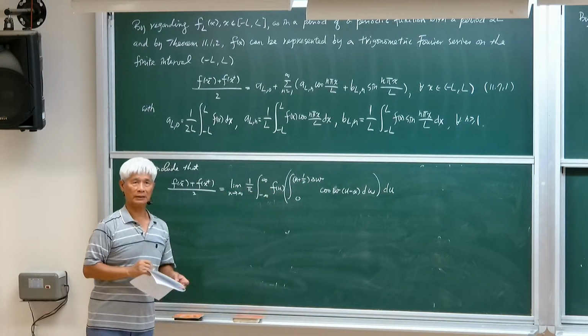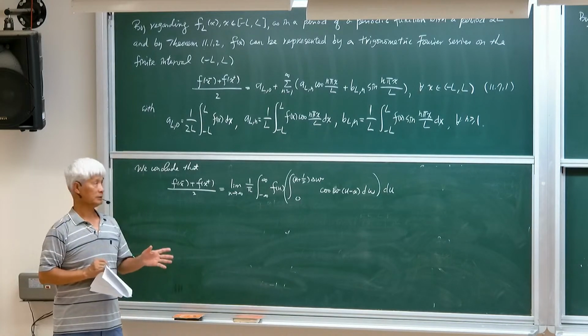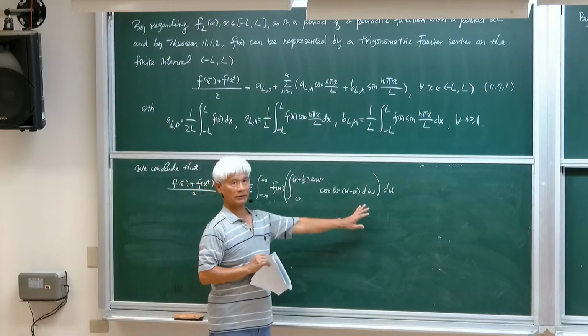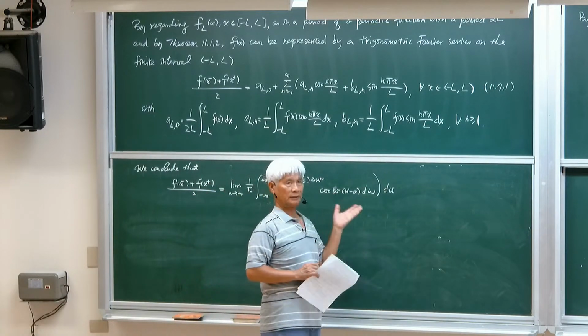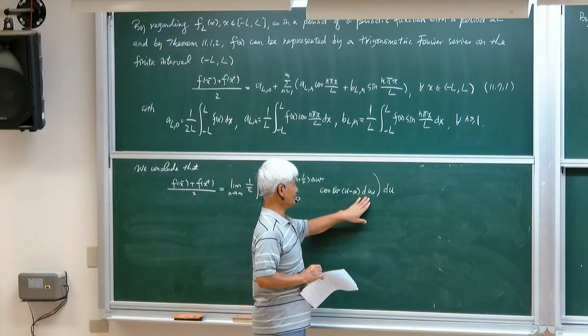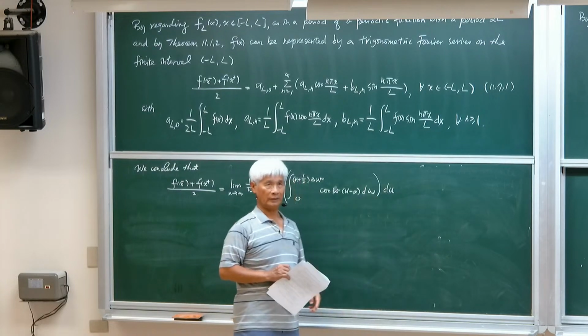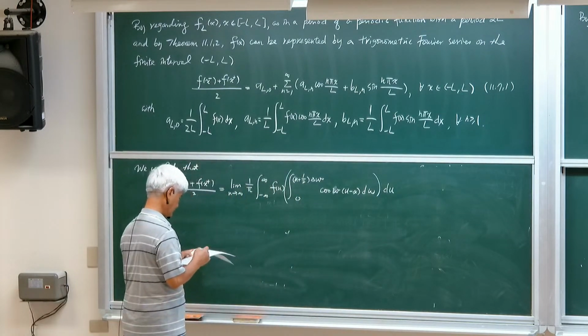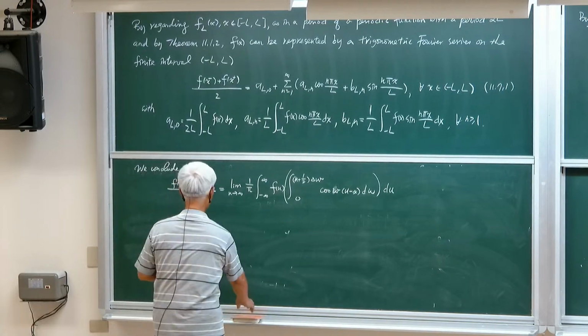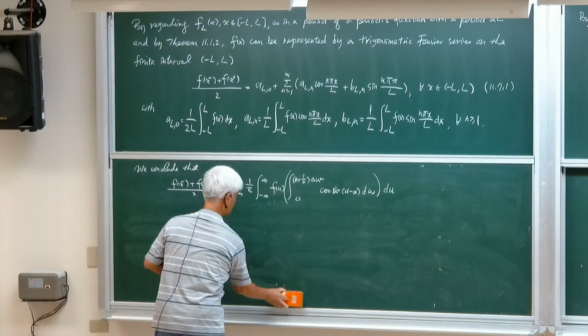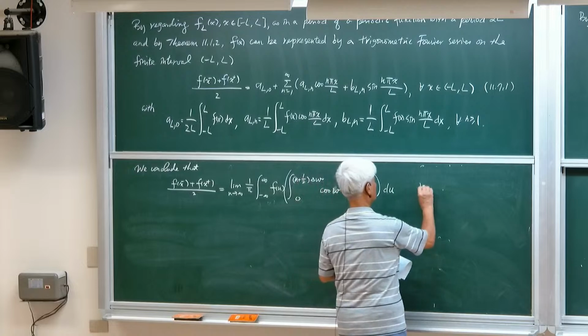So this is an iterative integral: we evaluate the integral over omega and then over u. This is true for all x.